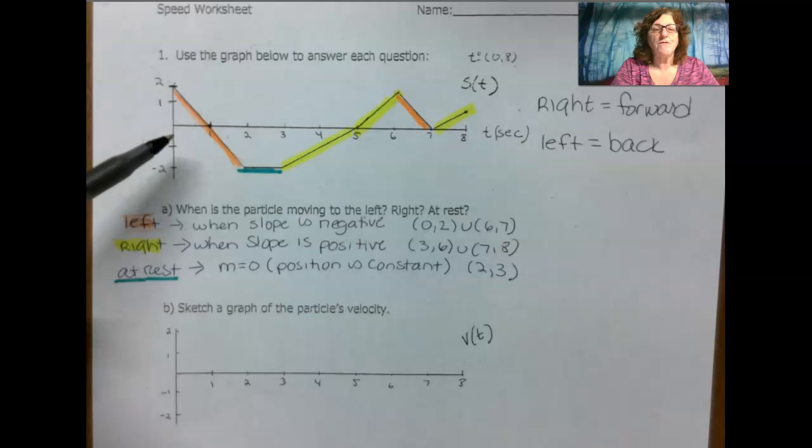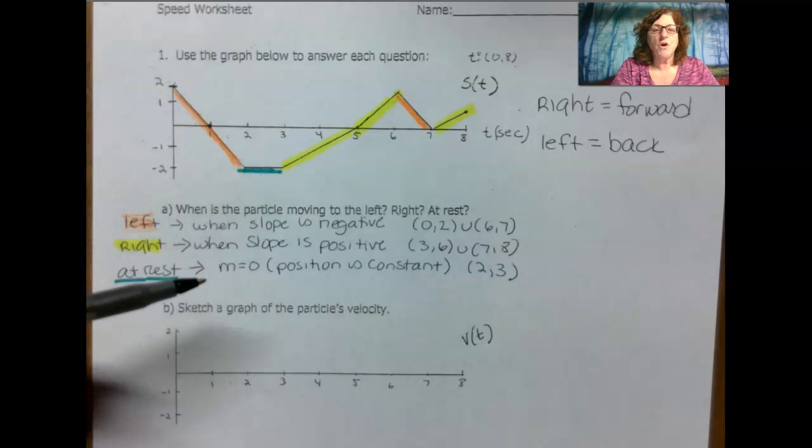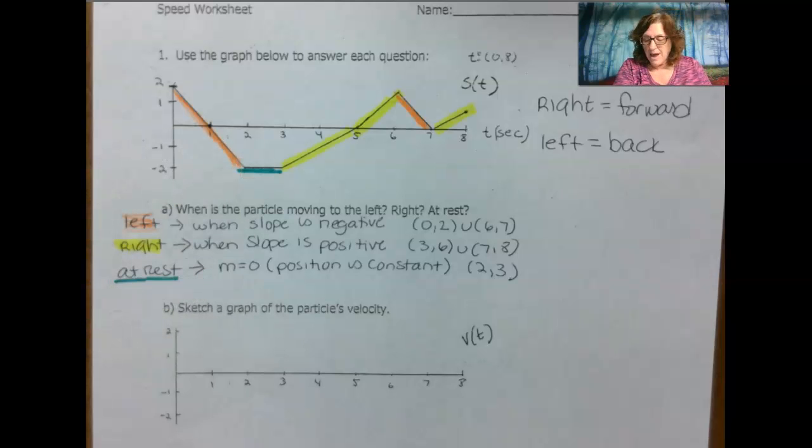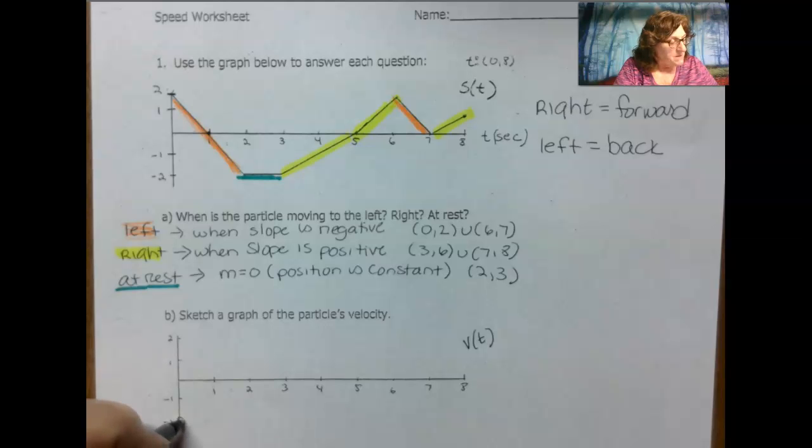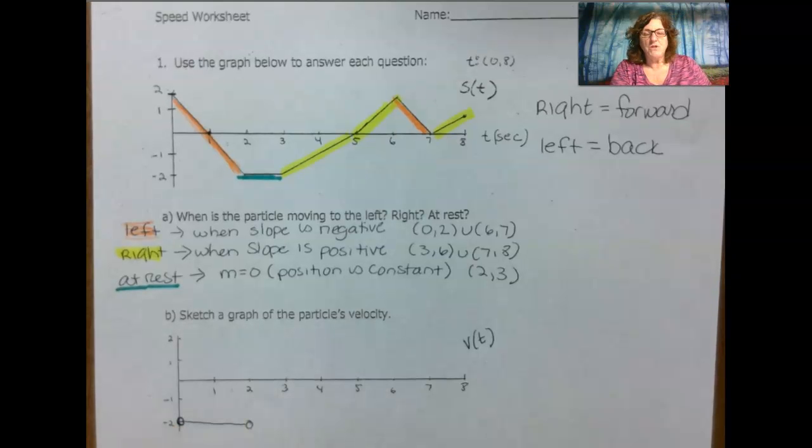So from the interval from 0 to 2, the slope is -2. So I am going to use open circles, from time t equal to 0 to t equal to 2. And my slope is -2.